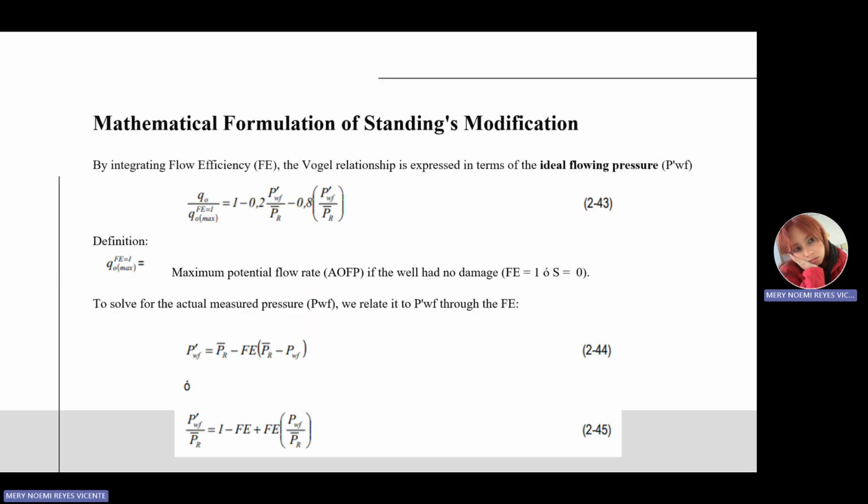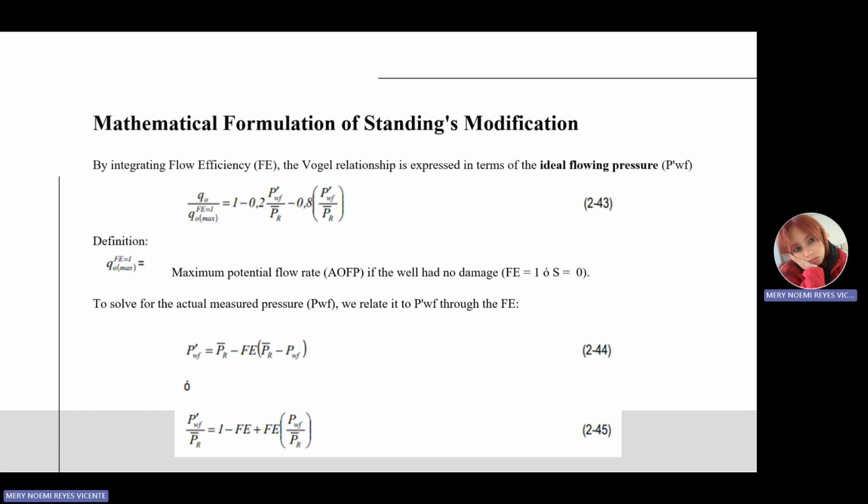Now, let's look at the math. By integrating flow efficiency into the Vogel relationship, we get equation 2.43. This allows us to express the flow rate ratio in terms of ideal pressure ratio.